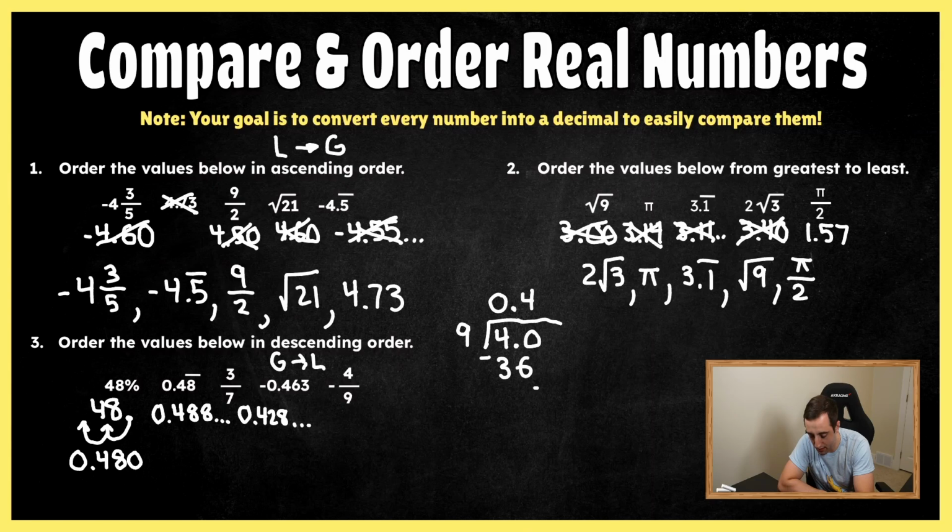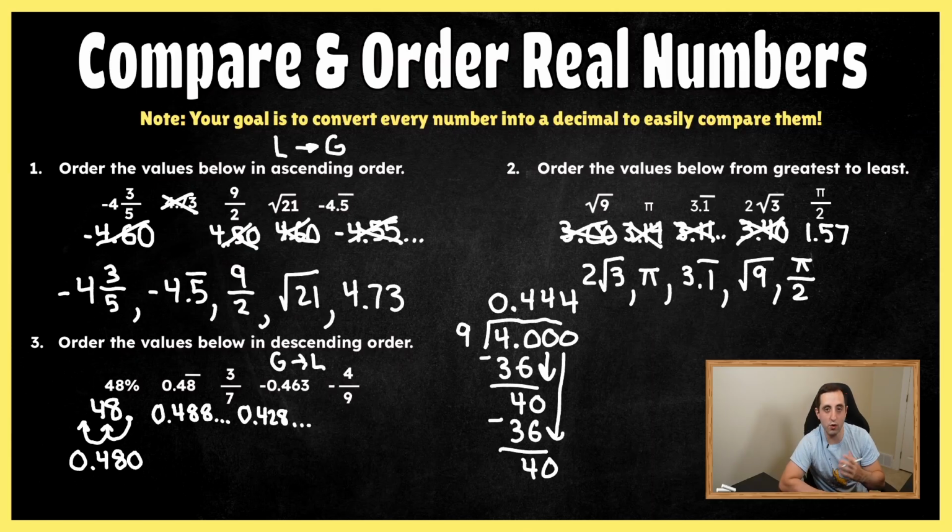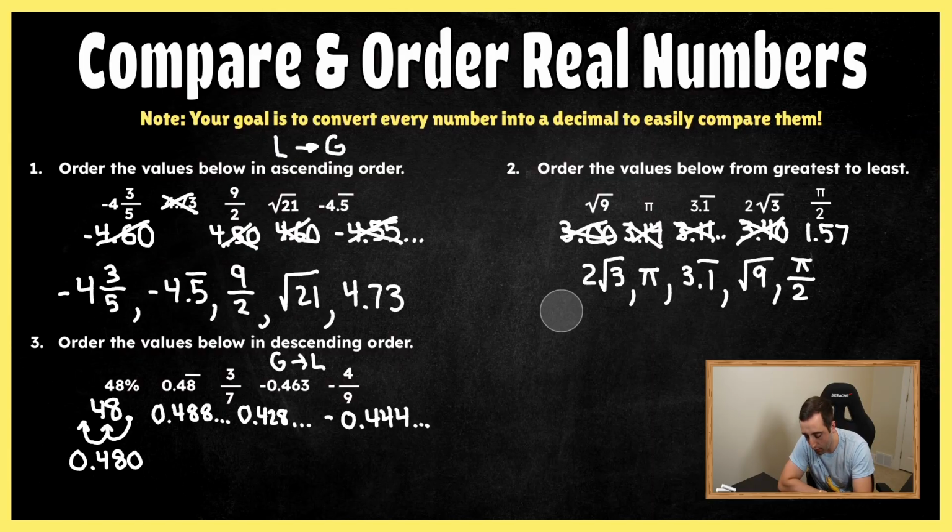We subtract, we get a remainder of 4. 9 doesn't fit into 4, so we add a 0, bring it down. 9 fits into 40 4 times again. 9 times 4 is 36. We subtract, we get a remainder of 4. And you're going to notice this is going to continue endlessly, which means this is going to be a repeating decimal. So we have negative 0.444 dot dot dot.